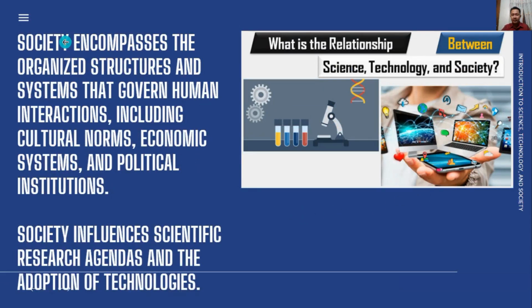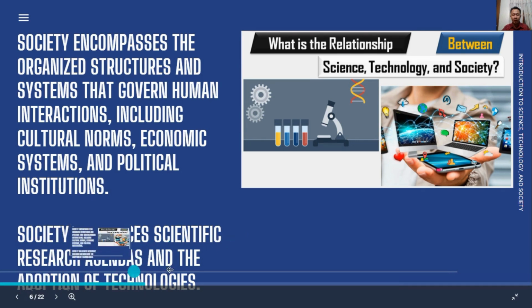Society encompasses the organized structures and systems that govern human interactions, including cultural norms, economic systems, and political institutions. Our society influences scientific research agendas and the adoption of technologies.